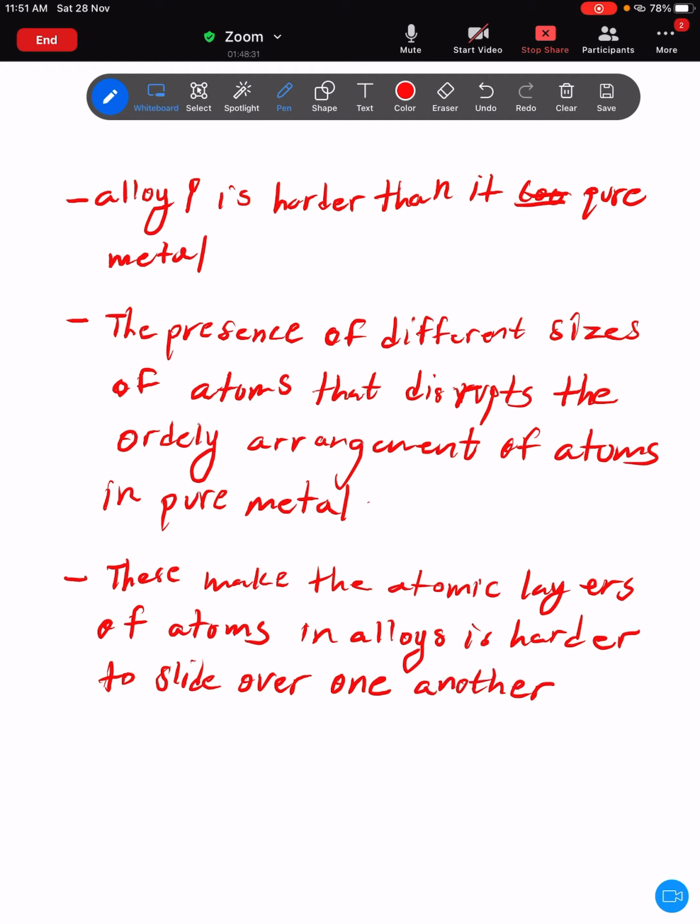If it is difficult to slide over one another, what happened? That is our next question.